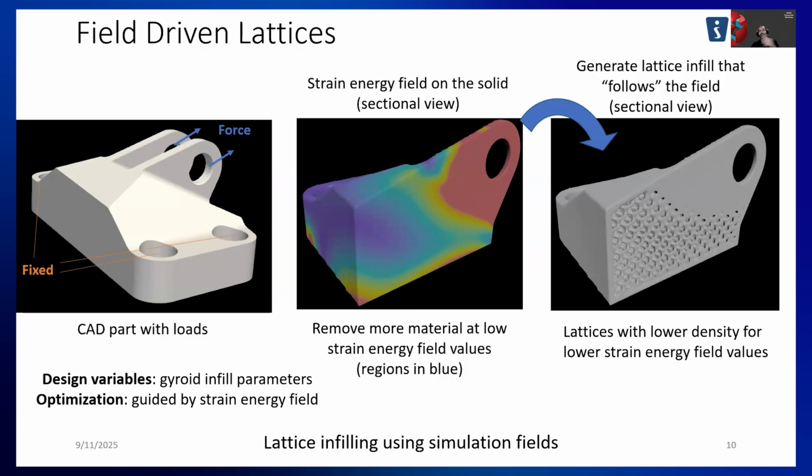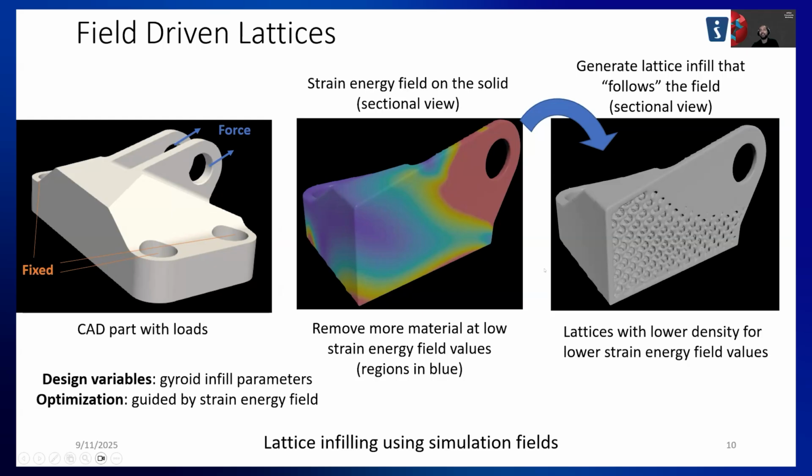So what we can do is design a workflow that creates these lattices that follow the sensitivity distribution. Here you can see a lattice with low density values, right? You see that the hollow regions are populated near the blue areas, whereas solid regions are populated at the red regions.